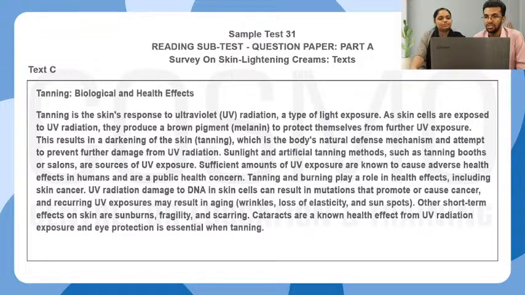So we just found the relevant section where the answer can be found. Here we have the keywords aging and UV exposure, and what kind of UV exposure? So, what is the answer?